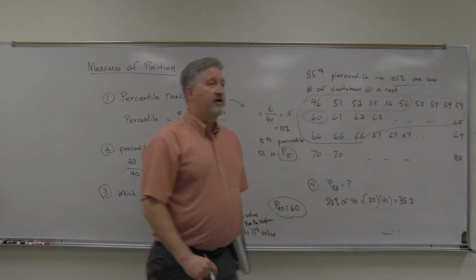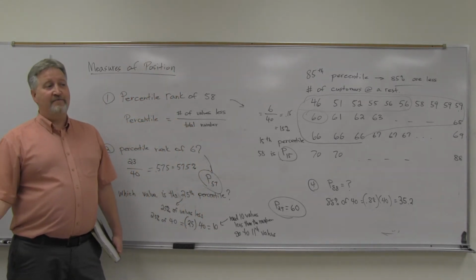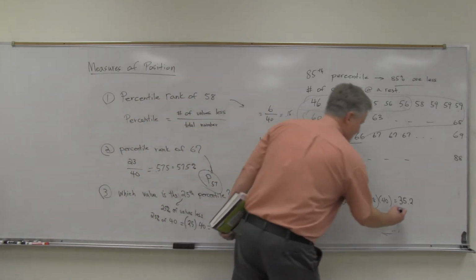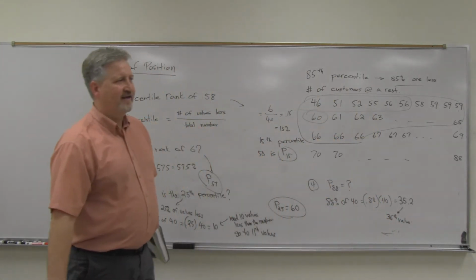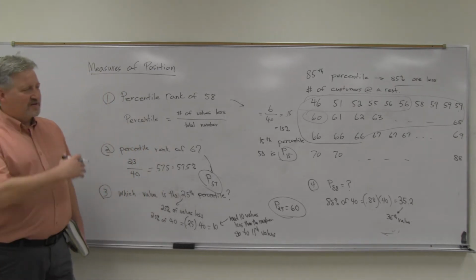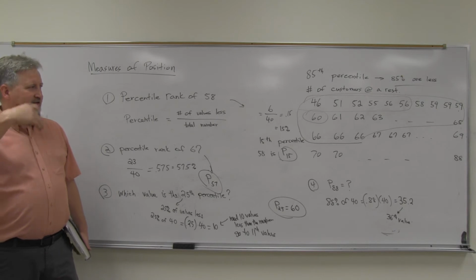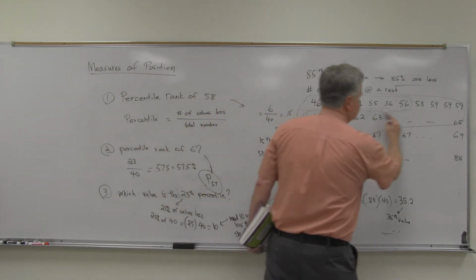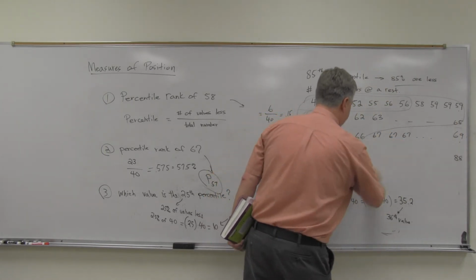So I multiply those two together. So I need 35.2 values. So which value am I going to go to? Well, the 36th. It's, again, an approximate kind of thing, especially for this few numbers. So that gives me 35.2, so I need to go to the 36th value, and I don't have that one up here because this is 10, this would be 20, that would be 30, so I need the 6th one here on this line.